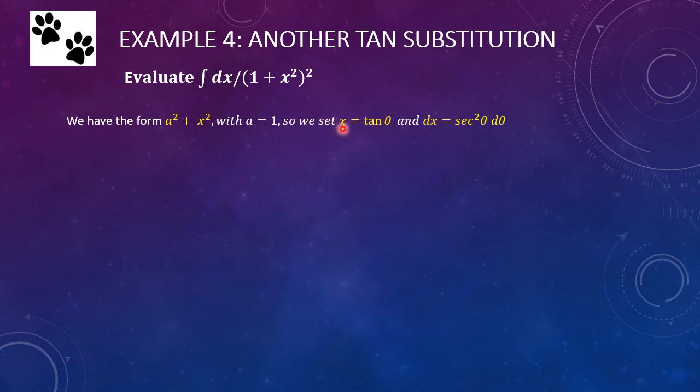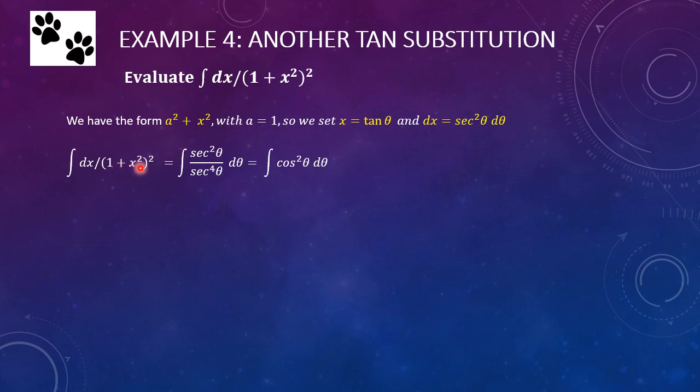And then, of course, if we take the derivative of both sides, we get dx equals secant squared theta d theta. If we substitute these two values in for dx, we have secant squared theta d theta.